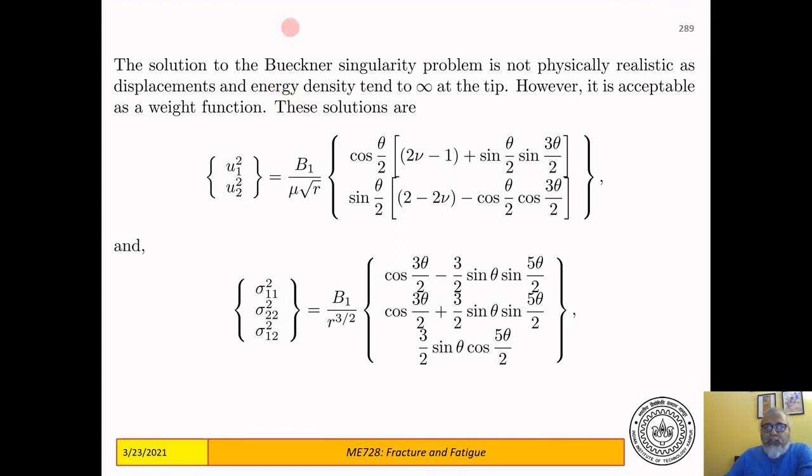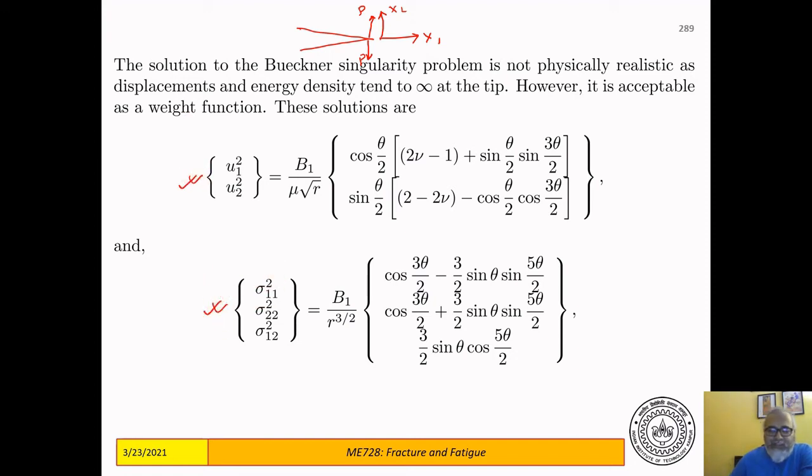So these are the Buchner solutions for the problem where you have a crack. This is x1, x2 at the crack tip, and you have loads P applied infinitesimally close to the crack tip. You don't have Q in this case because these are the mode 1 solutions, and these are the displacements and these are the stresses.